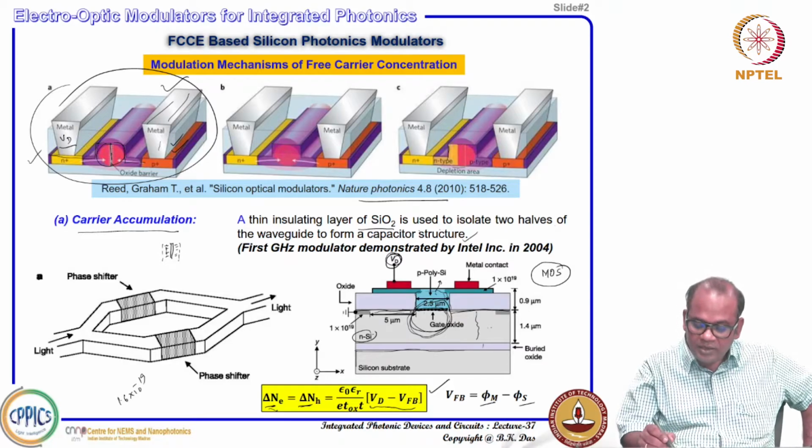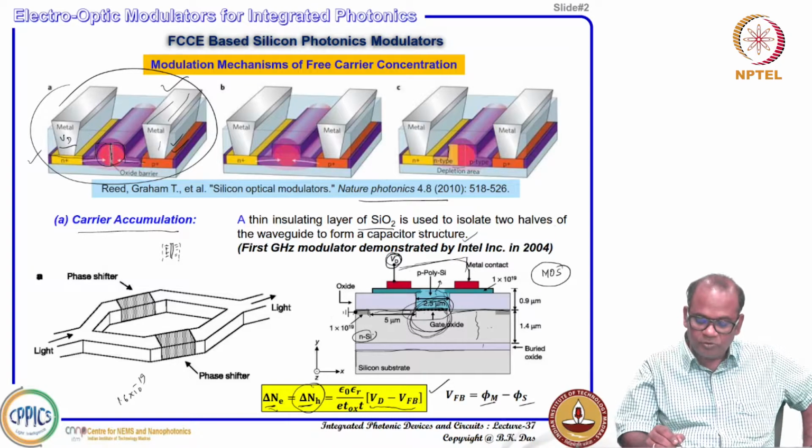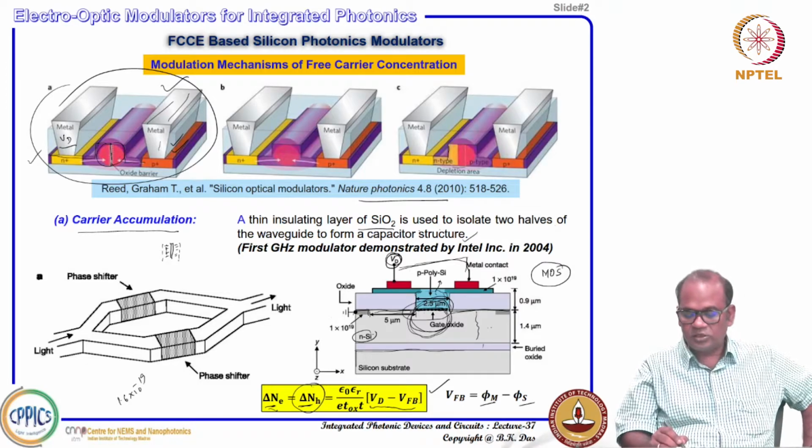And here a small portion is heavily doped, so that the body can be grounded, and whatever voltage you apply here is with respect to the ground, and these two can be connected, shorted here, so that you can apply voltage on both sides, and depending on the voltage, charge carriers will be accumulated here. So that amount of carrier concentration you can find out from this.